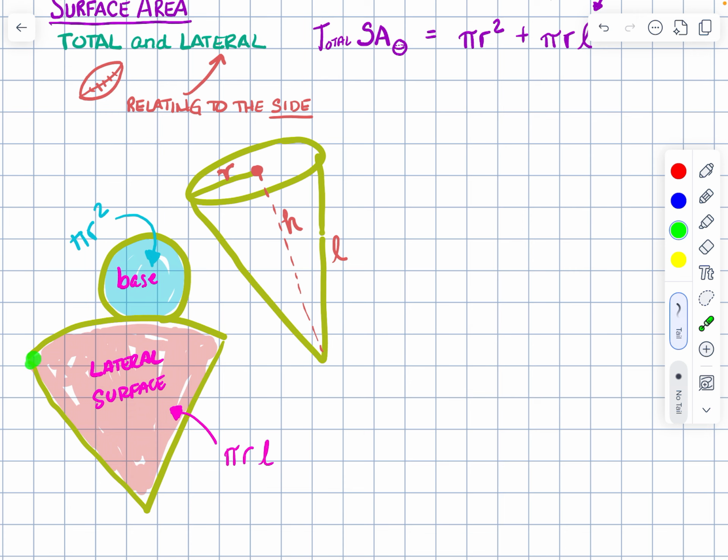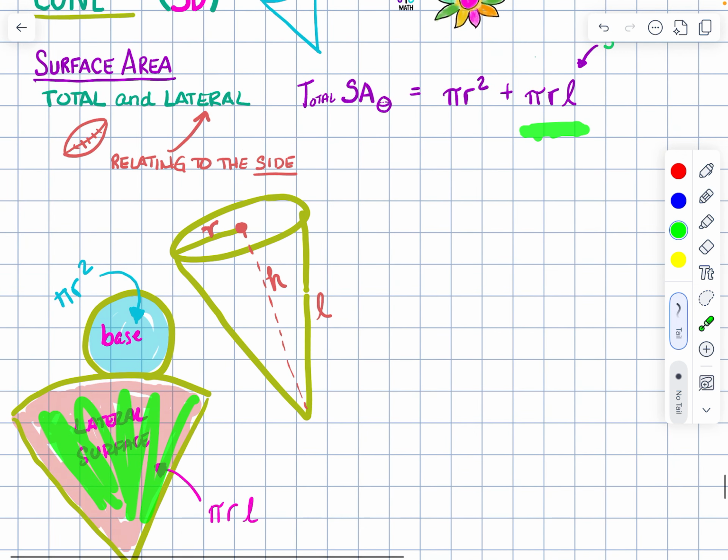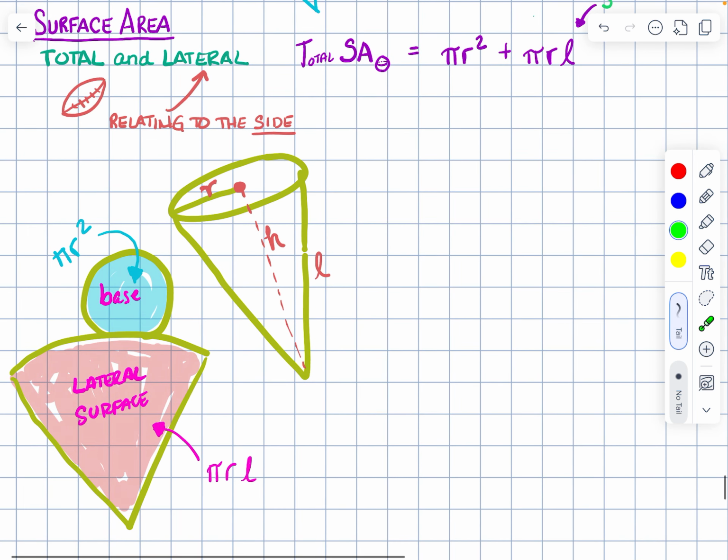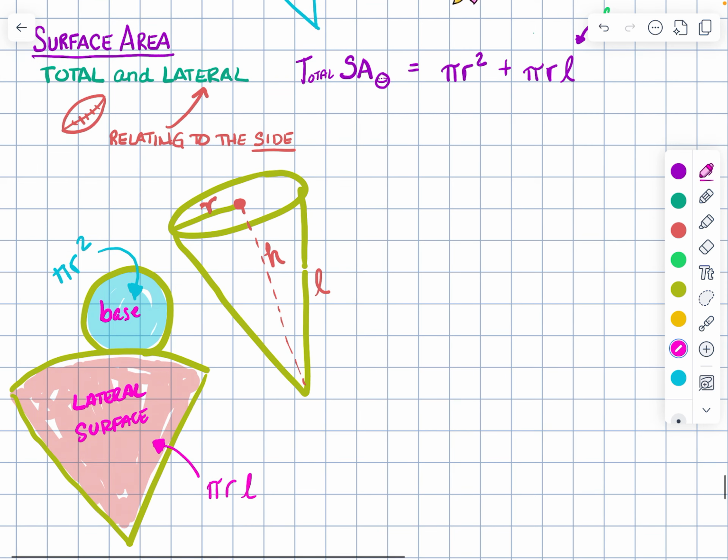And then you've got this lateral surface area. If you're asked to find just the lateral surface area, it's just this piece right here. Okay, so we have enough information now that we can go ahead and solve a problem.